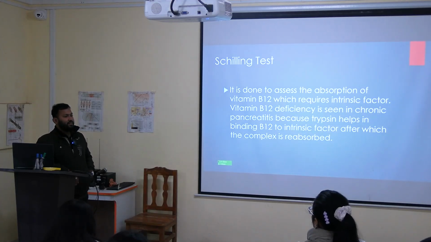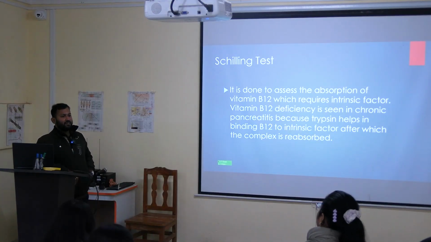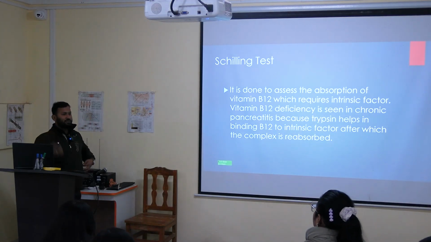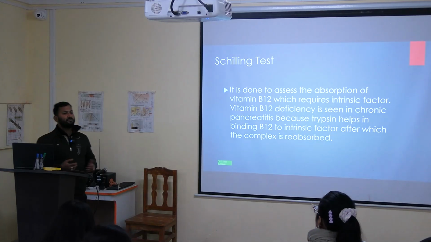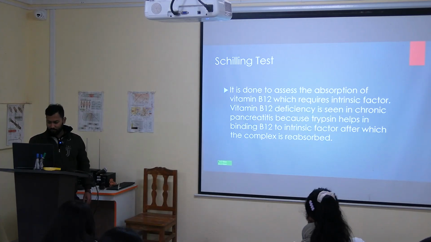Trypsin is a pancreatic enzyme. There is intrinsic factor, there is vitamin B12, and in between there will be trypsin and it will bind them together. So if there is no trypsin available, even if there is an adequate amount of intrinsic factor, the body will be deficient in vitamin B12. That's why in chronic pancreatitis, anemia can occur.